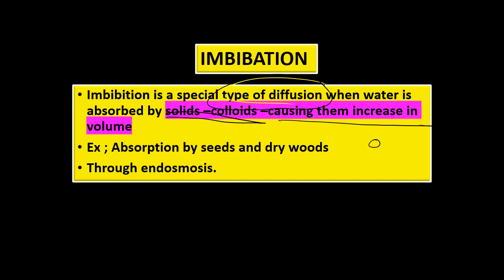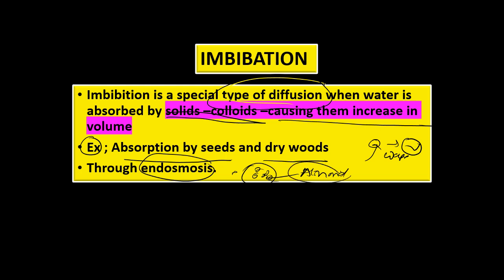This is a solid colloid absorbing water and showing a volume increase. Examples are absorption of water by seeds and dry wood. If you see cashew or almond, it absorbs water through this process. This is also known as imbibition.